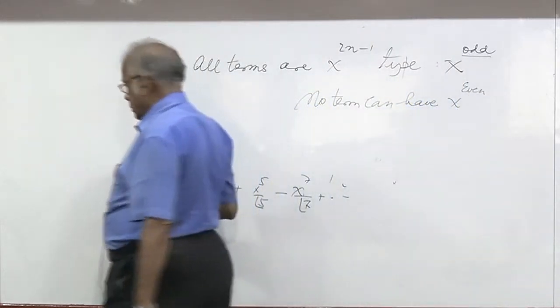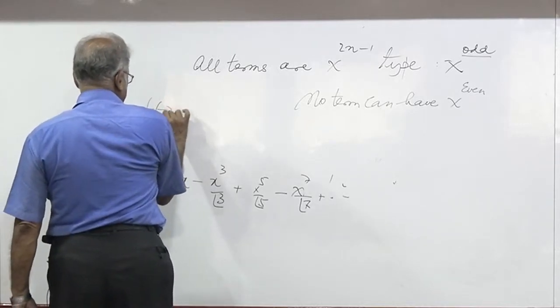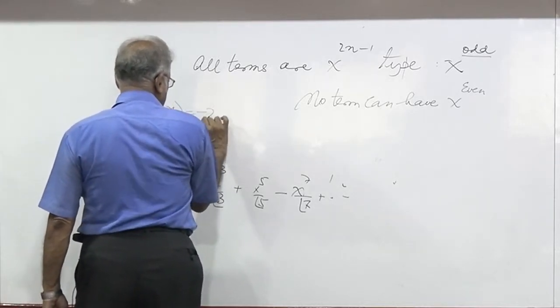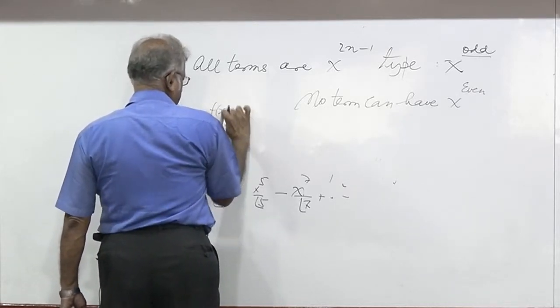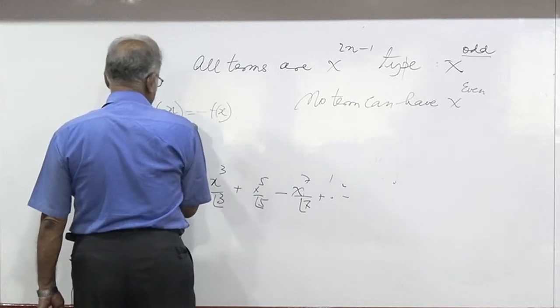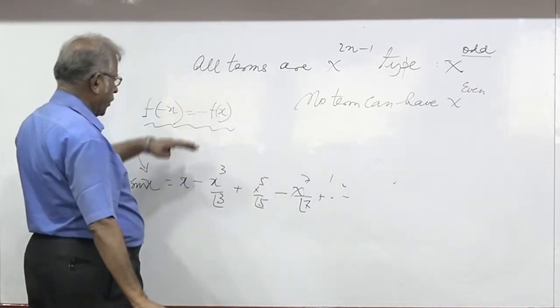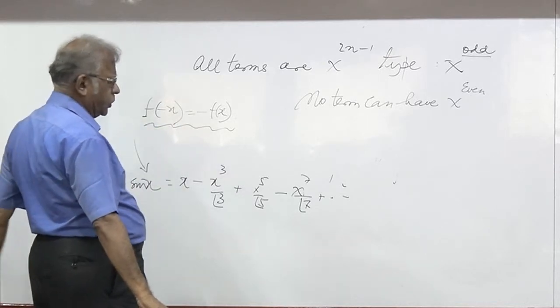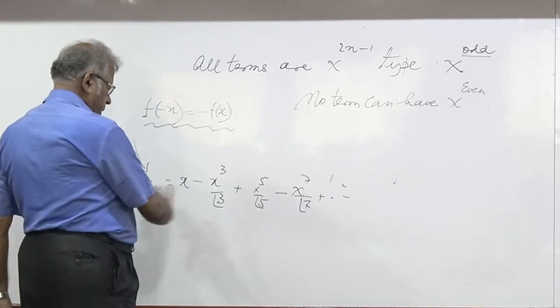Sin x is an odd function, and the definition of an odd function is f of minus x is minus of f of x. So the sin x function falls into this category of odd functions, and therefore it is perfect to expect this particular thing.